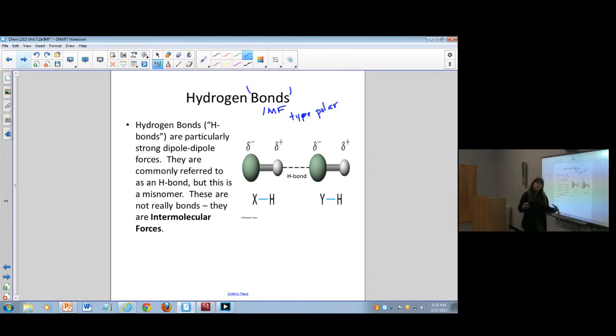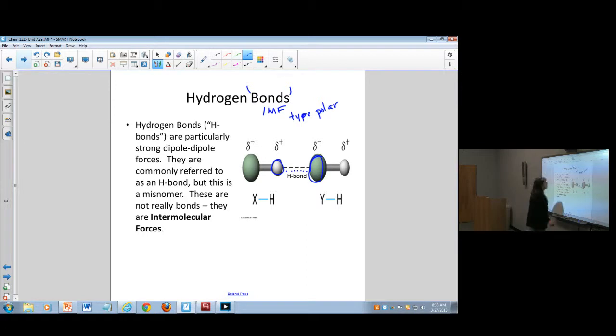But this force is very strong. In this case, we have some molecule, who cares what it is? It's got a positive charge at the hydrogen, and that hydrogen interacts very strongly with the negative end of some other molecule.